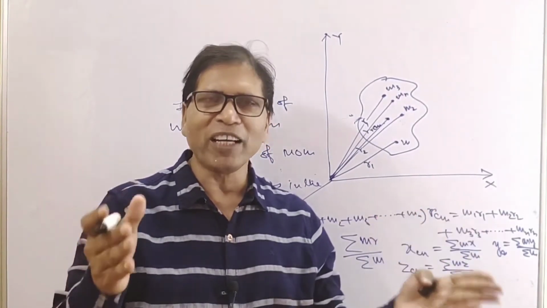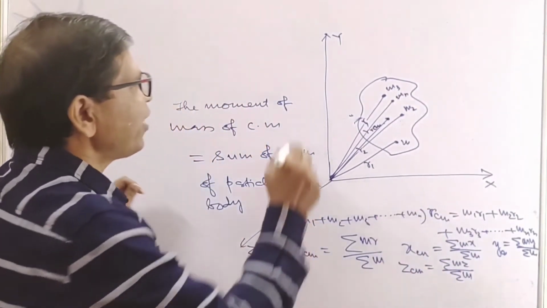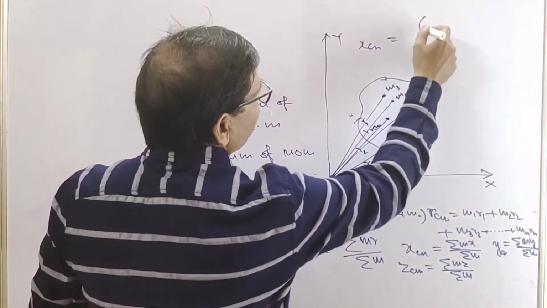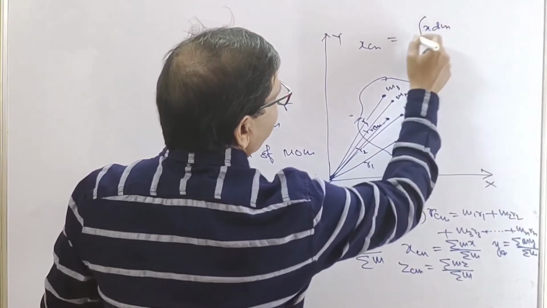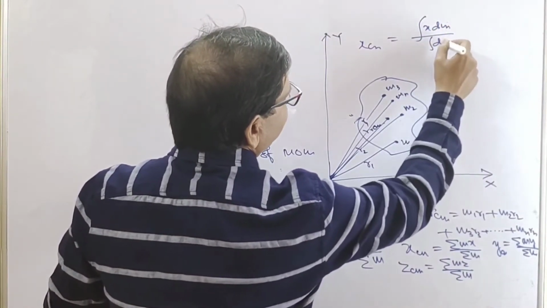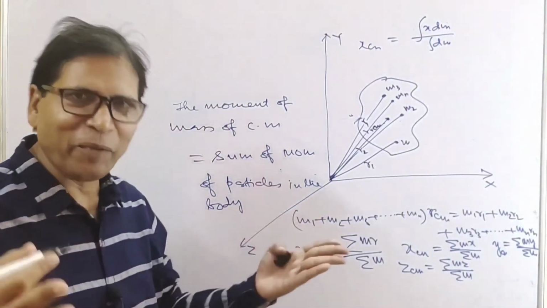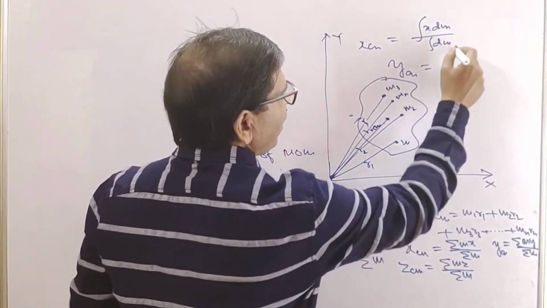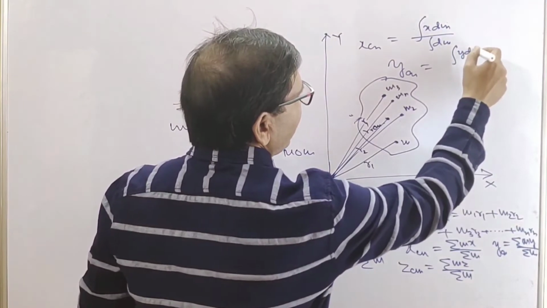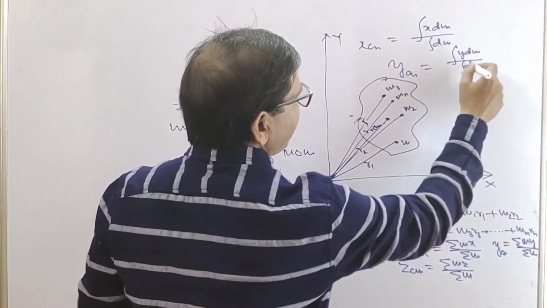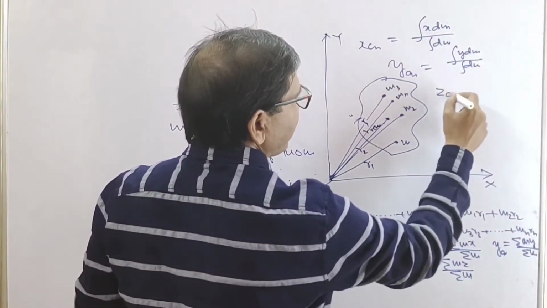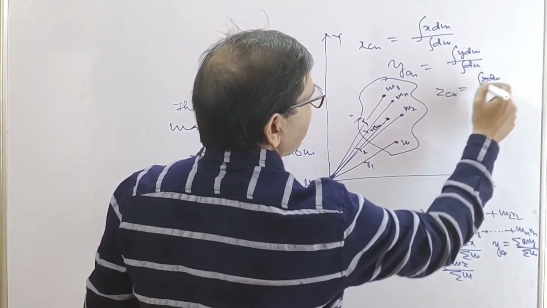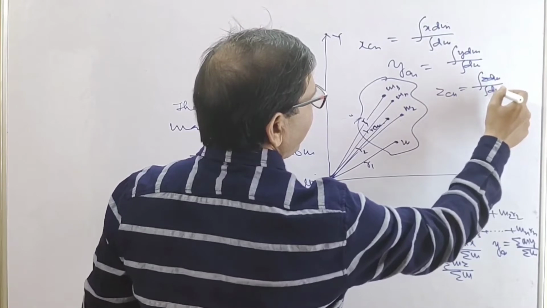Now for continuous distribution of mass, xcm becomes the integration of x dm divided by integration of dm. In the same way, ycm is equal to integration of y dm divided by integration of dm. zcm is the integration of z dm divided by integration of dm.